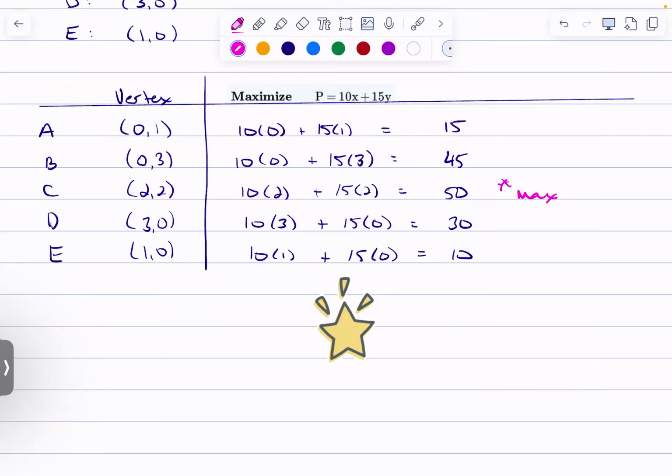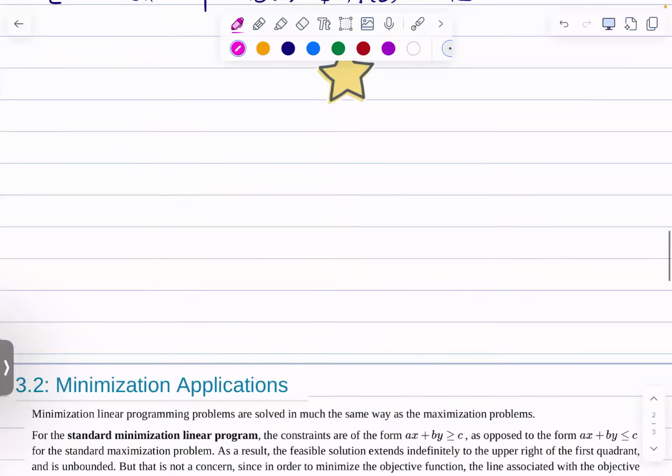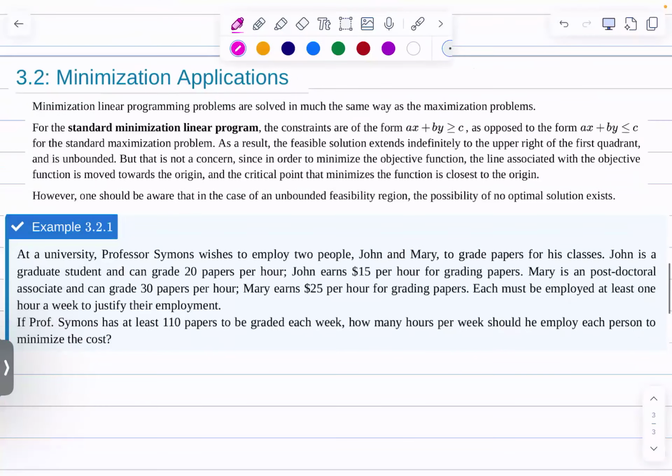How about minimization? Those are all the examples that I have for maximization, but let's look at minimization, and then you've got an assignment to do for the maximization problems. Minimization is on the next page, and you guessed it.